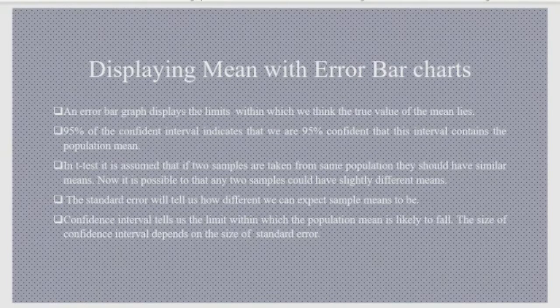I didn't discuss error bars when I was discussing graphs, so today I will. First we have to know the theoretical background. What is an error bar? It is a graph which shows where the true value of the mean lies.